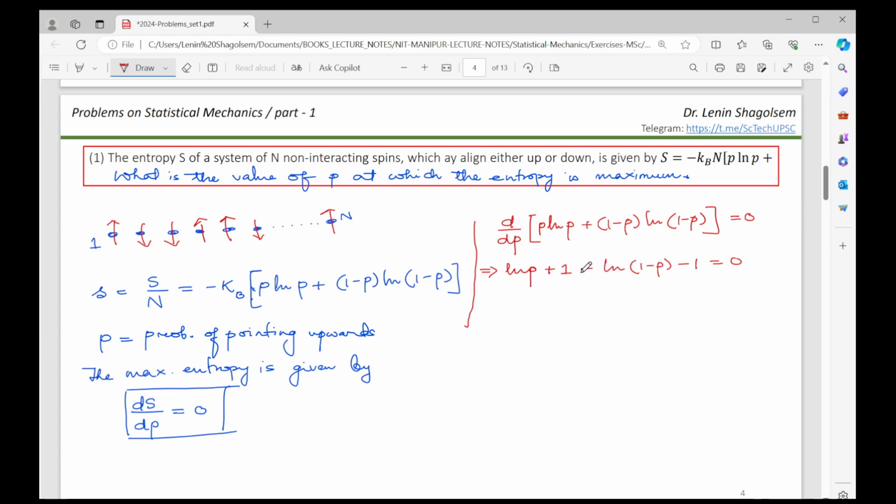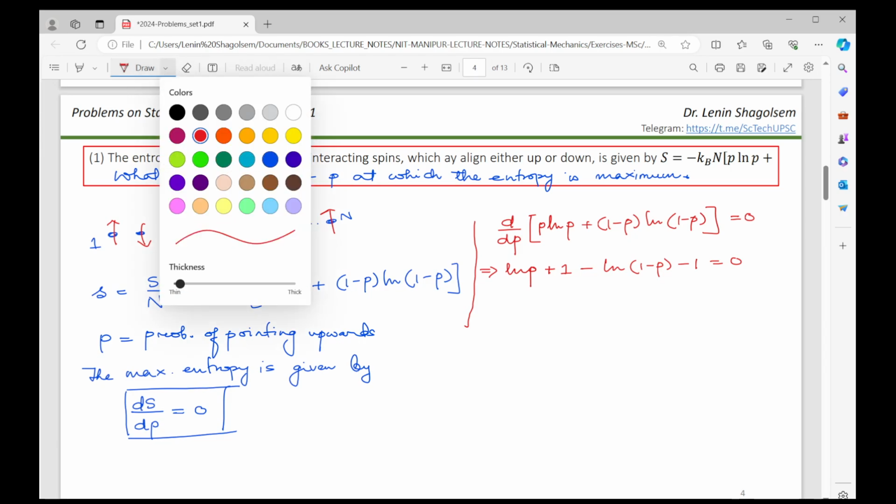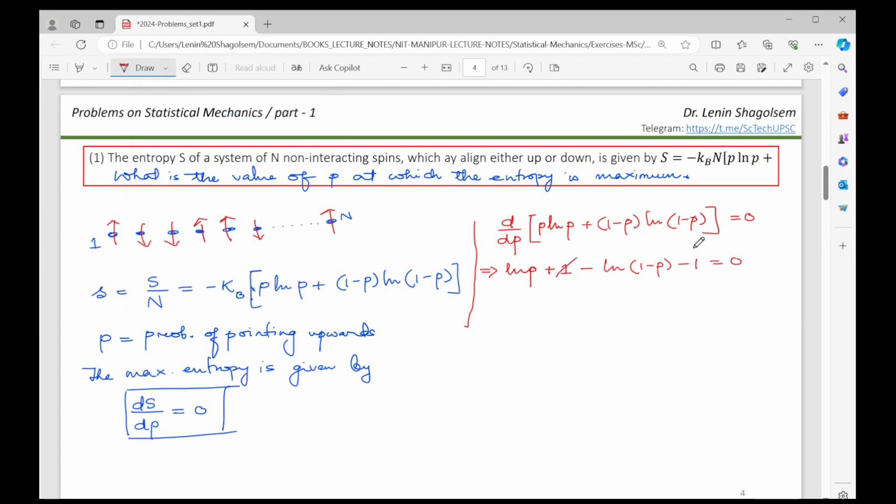So the 1s cancel here, and what we get is log of p by 1 minus p equal to 0.